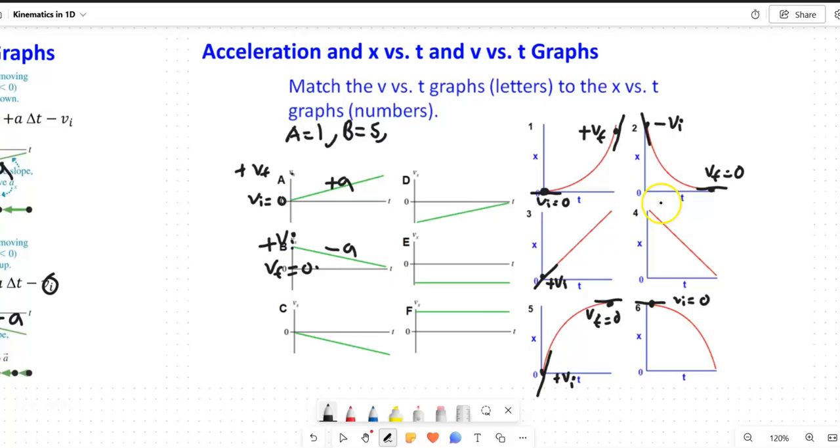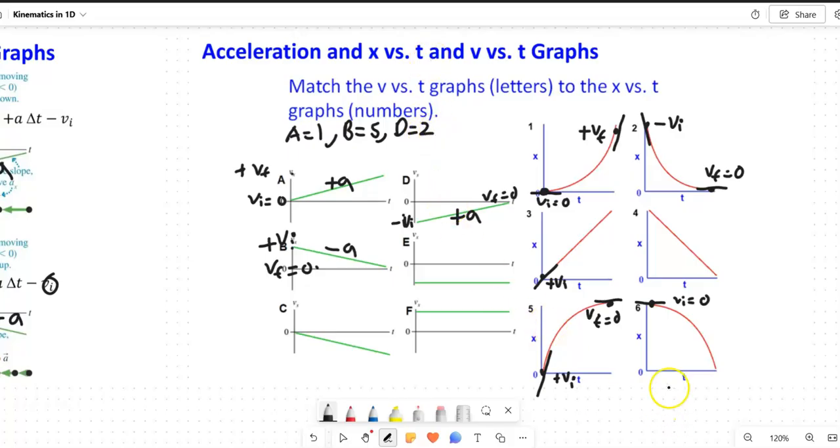So we're going to look for a graph where it starts out with a negative velocity and ends with a velocity of 0. So this starts off with a negative initial velocity, and then its final velocity is equal to 0. And the slope of that line, the acceleration, is positive. So you have a negative, you add positive numbers to it, eventually it's going to be 0. So it looks like D is equal to 2.